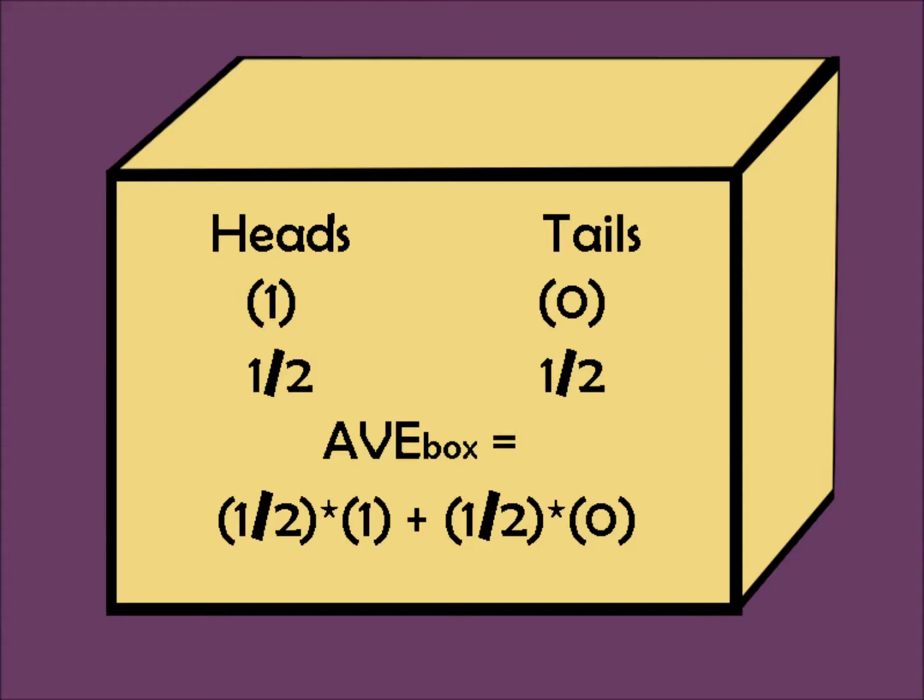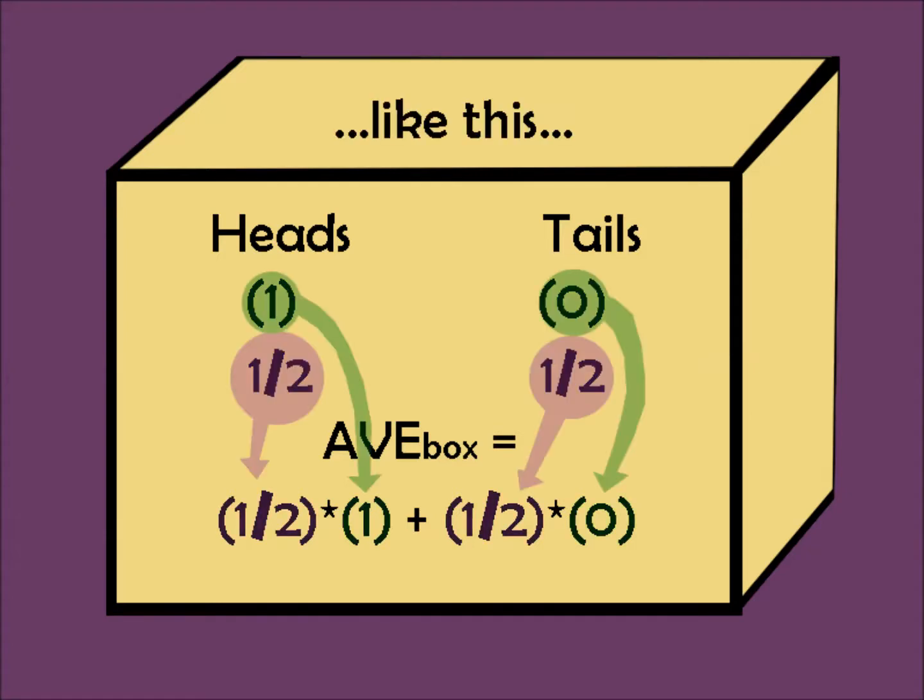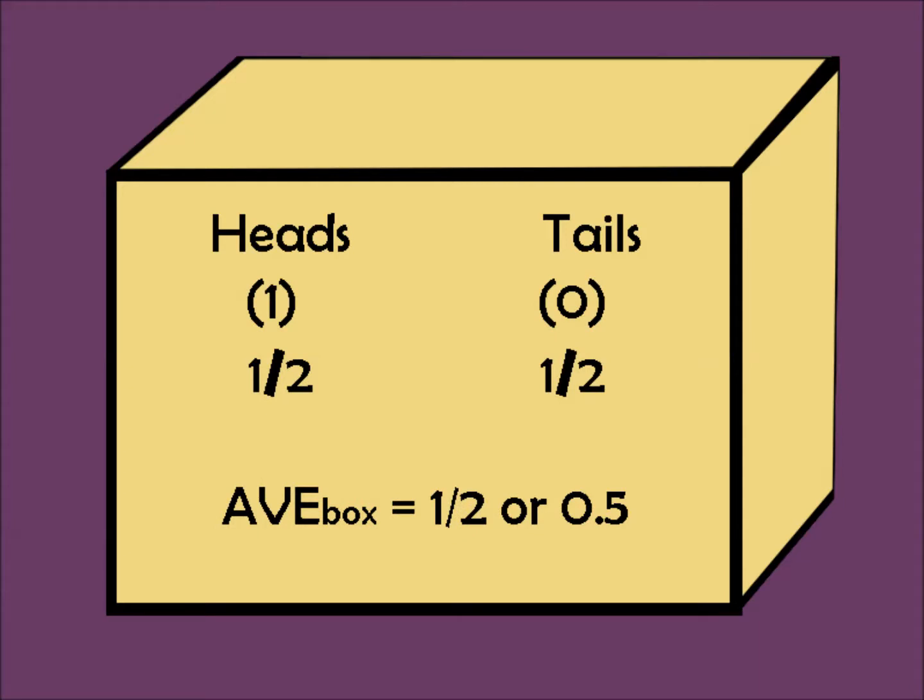We'd have a 1/2 likelihood underneath the heads and a 1/2 likelihood under the tails. So the average of the box would be basically taking the 1/2 likelihood times the 1 for the heads plus the 1/2 likelihood of the tails times the 0 of the tails. Just add that up and we would get 1/2 or 0.5.